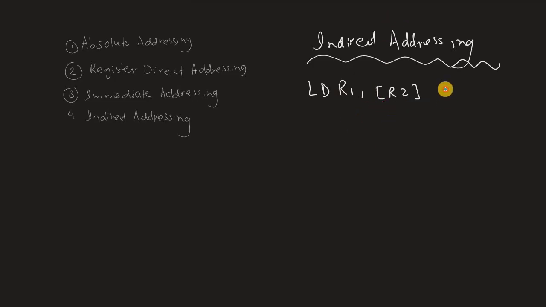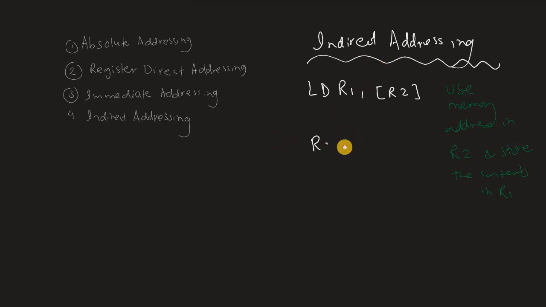So I can write it over here: use memory address in R2 and store the contents in R1. And if you still don't get it, we can write the equivalent expression in RTL, because RTL is easier to understand.